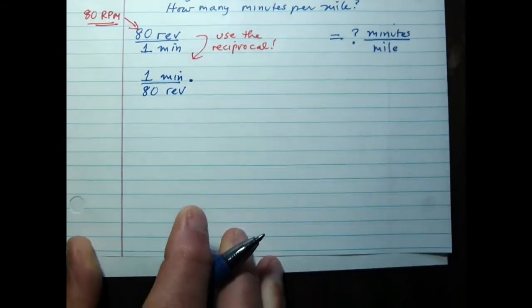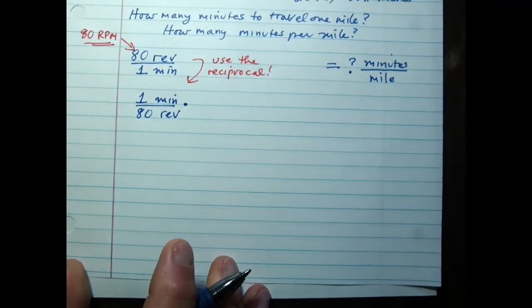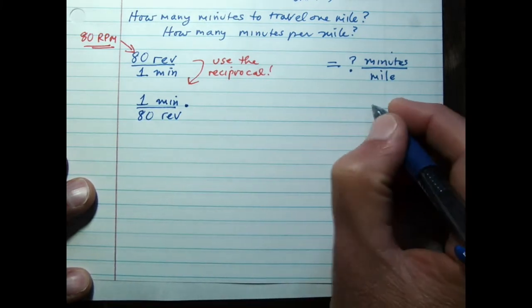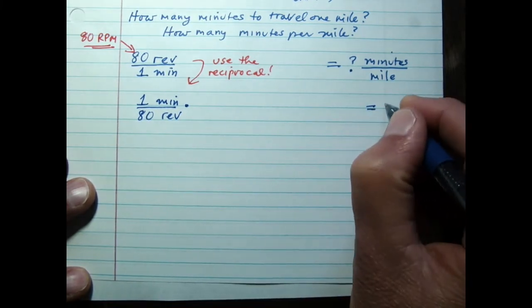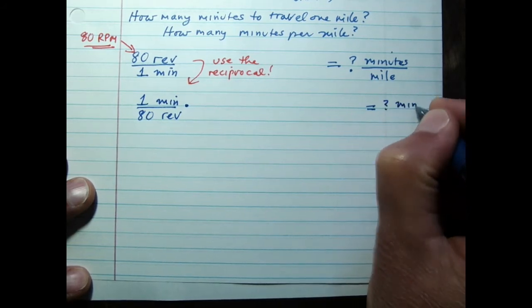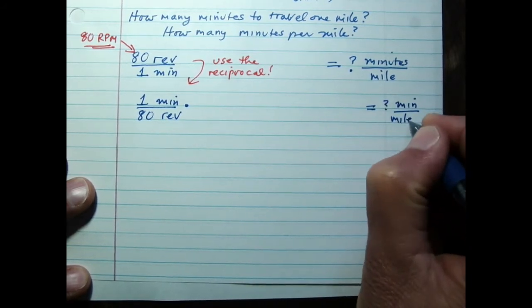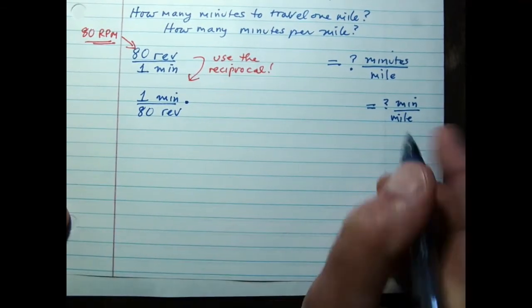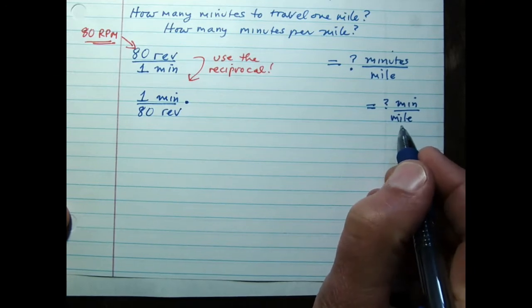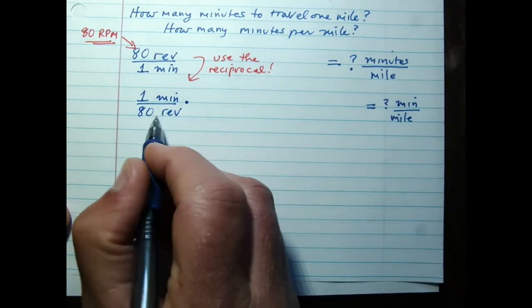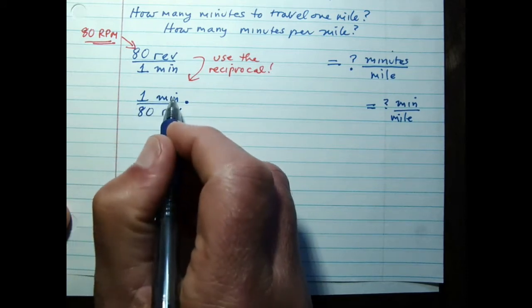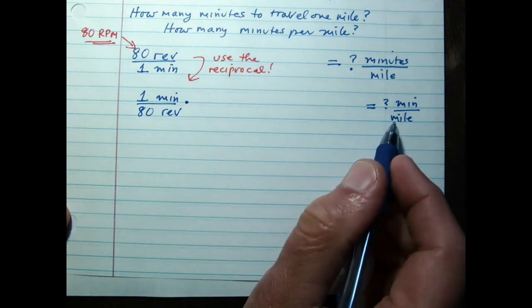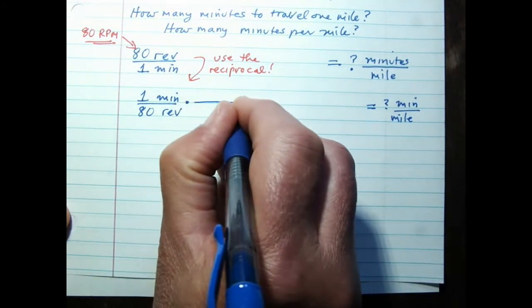That's the same RPM expression, just written as a reciprocal ratio. That will allow me to keep minutes in the numerator, but now I have some work to do because I want to end up with miles in the denominator, right? So I want to take this initial ratio, 1 minute per 80 revolutions, get revolutions to cancel out, and get miles to appear somehow.